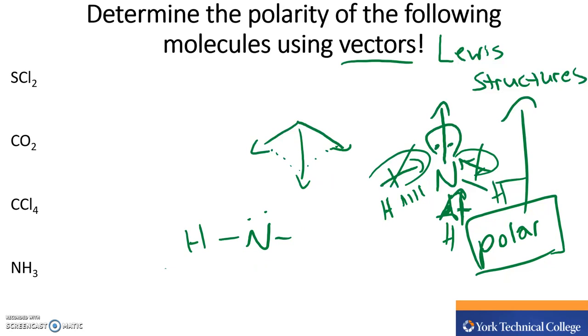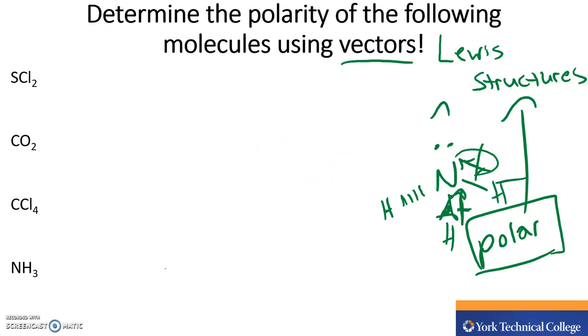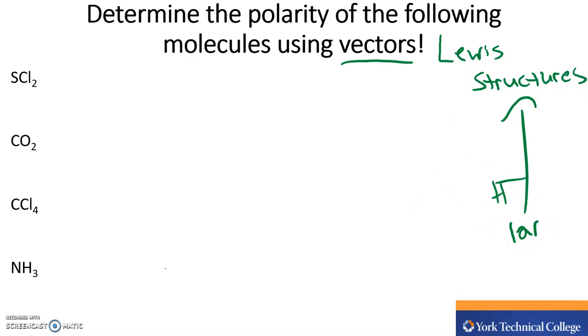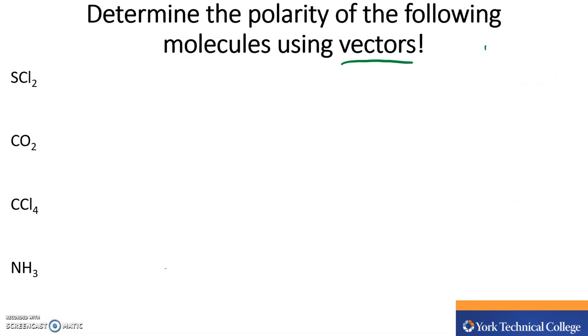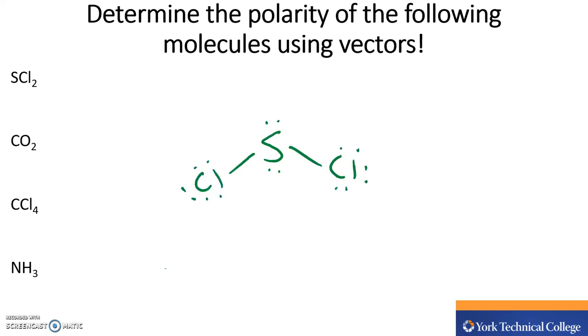Now I'm going to quickly do this third one, sulfur dichloride. Let's see how this one looks. Again, I'm just going to quickly draw the Lewis structure, because I just want you to understand the way of determining the polarity.